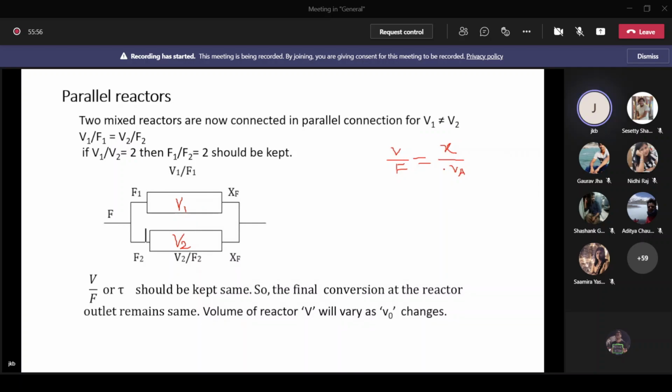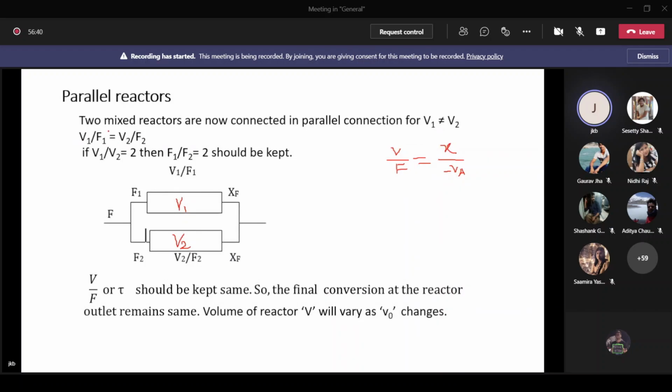Now after getting the product from the individual reactors, these are mixed together, and if XA from the first reactor is 80% and here it is 70%, there will be a problem for operation. So the assumption is that at all reactor ends we should keep the same conversion. So conversion should be the same for the two reactor ends. And if conversion is the same, rate kinetics is also the same. So the V by F ratio will be constant. So V1 by F1 is always equal to V2 by F2.